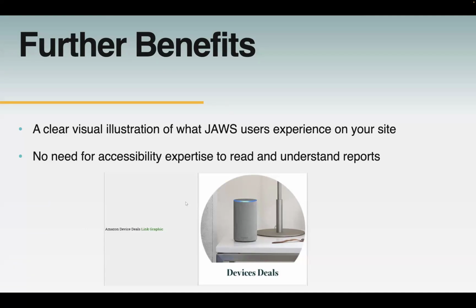If you were using JAWS, you would just hear that audio, Amazon Device Deals link graphic. But with JAWS Inspect, you get the text, which shows you exactly what JAWS would announce for that particular image, and also what helper text JAWS provides to the user. In other words, link graphic. So this is not something that's written by the developer into that image, but rather it's provided by JAWS to the user to give them some context for what it is they found.